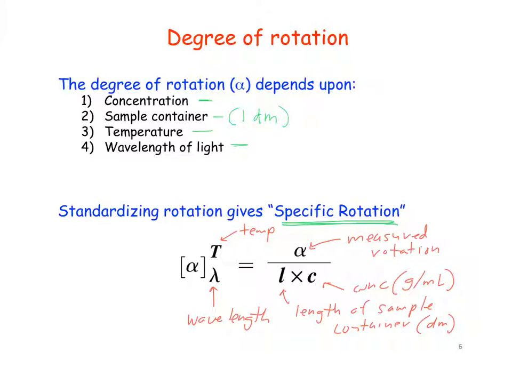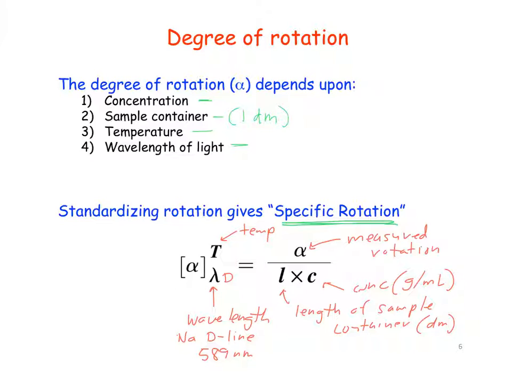Typically we often use what's called the sodium D line, which is at 589 nanometers. So sometimes we just put a D there instead of a lambda, the alpha D, or the specific rotation. This allows a person to measure a specific rotation in one place and always compare the value that somebody got somewhere else.